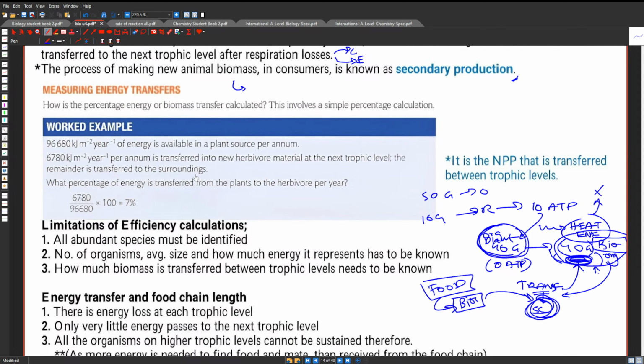The remainder is transferred to the surroundings. So this is essentially GPP. The rest is lost.